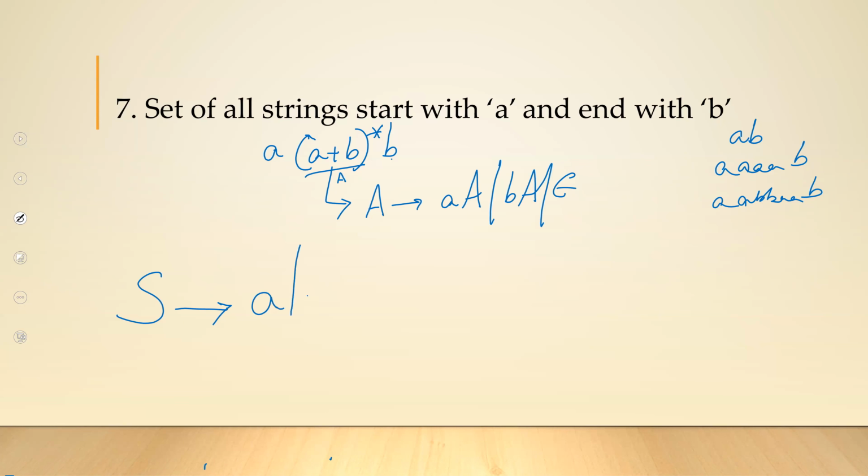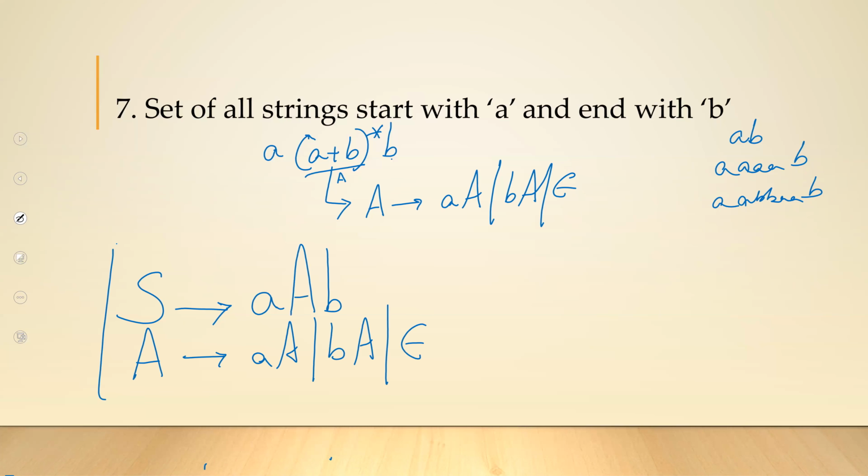Then I will have a capital A, and then I will have a small b. And what is my capital A? My capital A is AA or BA or epsilon. So this is my grammar. Mind you, always your LHS should be capital letters. Your RHS can have a combination of any. So this is my grammar for the set of all strings starting with A and ending with B.